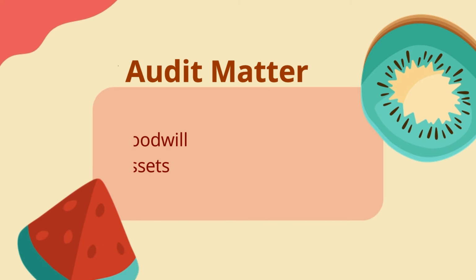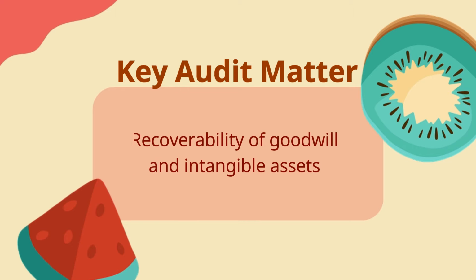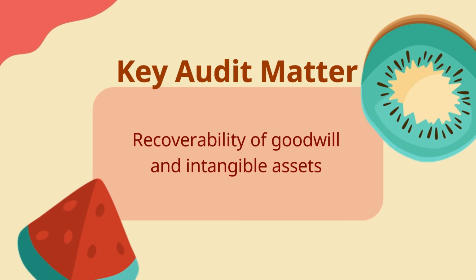For the key audit matters, only one key audit matter was identified for the audit of the year 2020, and this is the recoverability of goodwill and intangible assets. There was complexity in auditing management's annual goodwill and indefinite-lived intangible assets impairment tests because of significant judgment required to identify the fair value of cash-generating units, as well as the sensitivity of the fair value estimate to the significant assumptions.